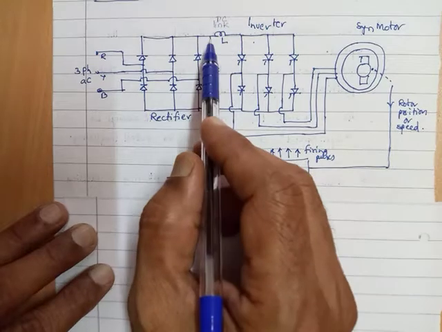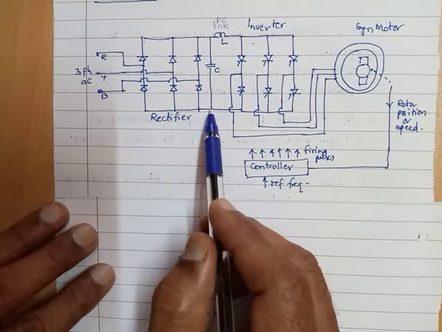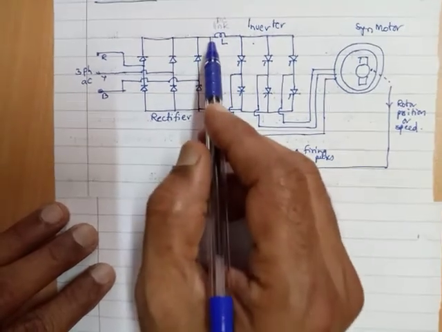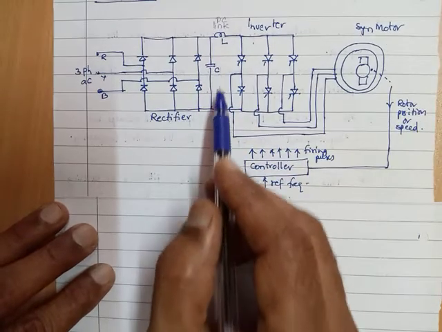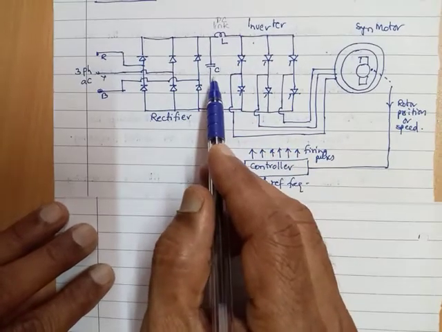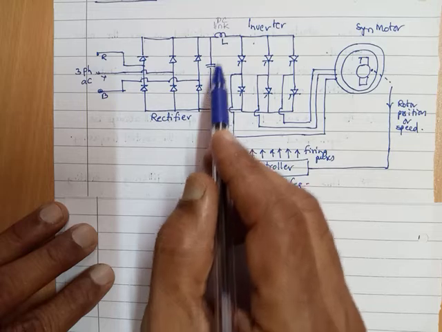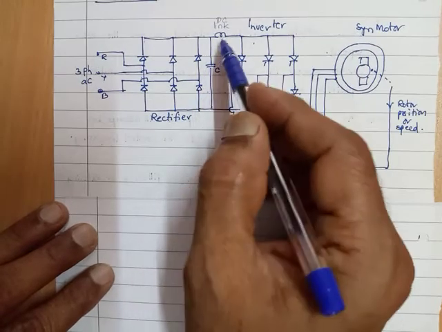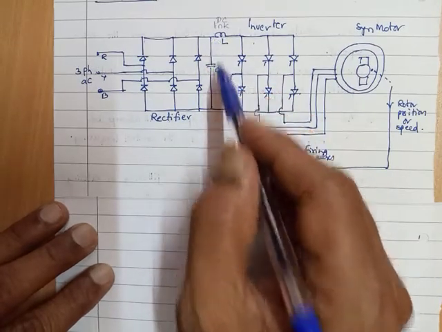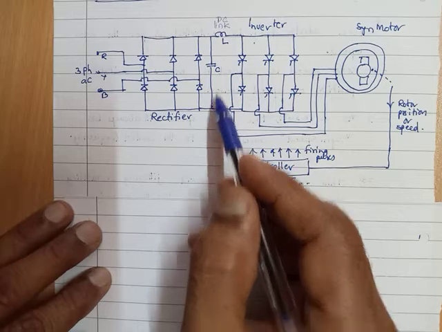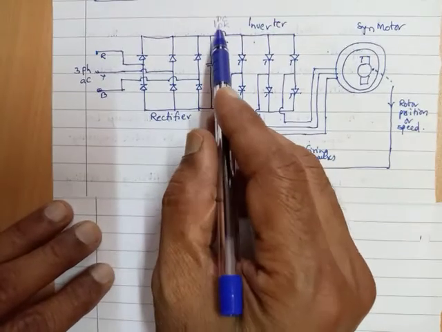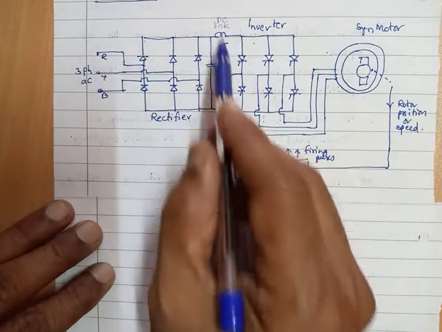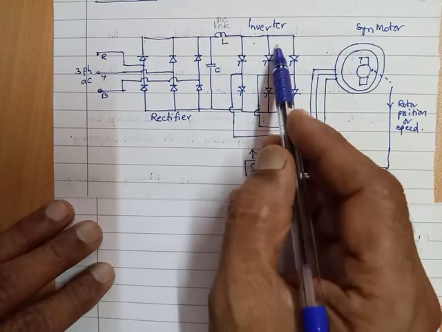Here the DC voltage we get is smooth and stabilized with the help of L and then C. L and then C help to stabilize this voltage and smooth it so that the ripples are as minimum as possible. Almost constant DC being available here is fed to the inverter.